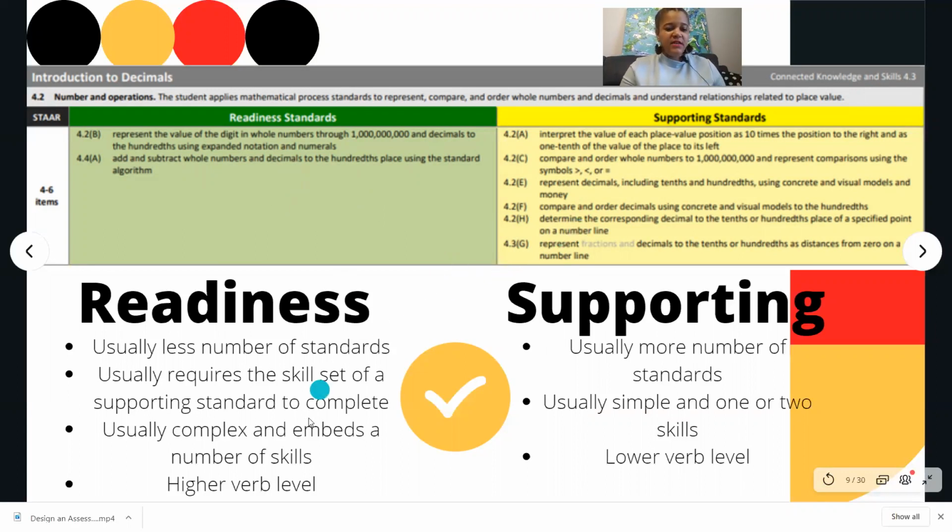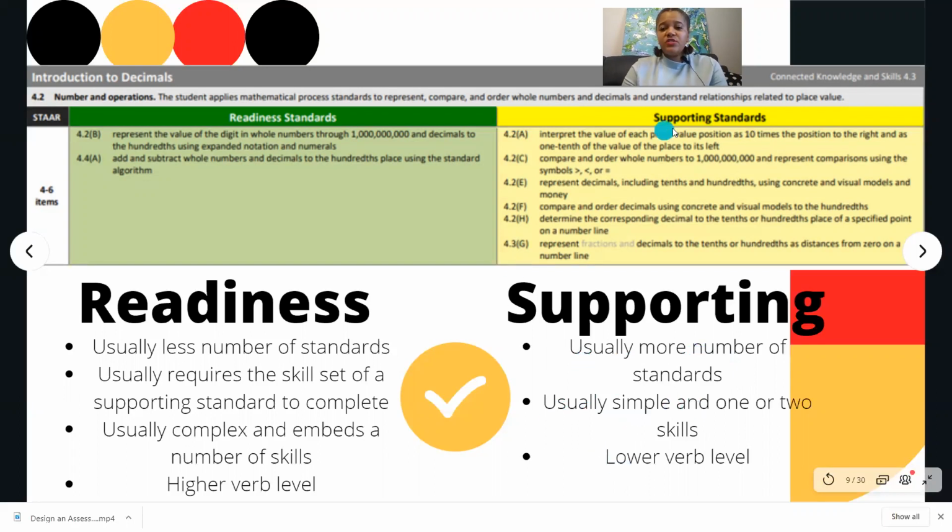Now I'm going back to the definition. Readiness standards are usually more complex and embed a higher number of skills. Once again, that's what we just saw, and I'm going to break that down soon. And most times it's a higher verb level. Your supporting is usually a greater number of standards, but it's usually simple, one or two skills, as well as a lower verb level.